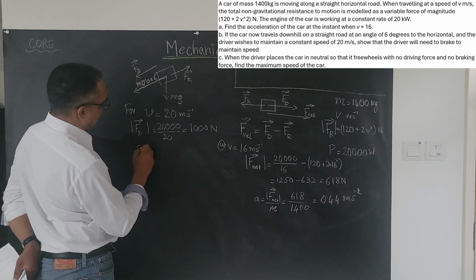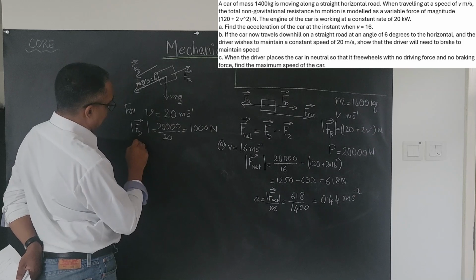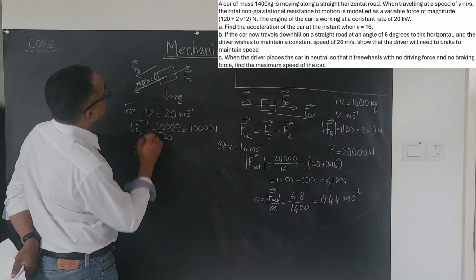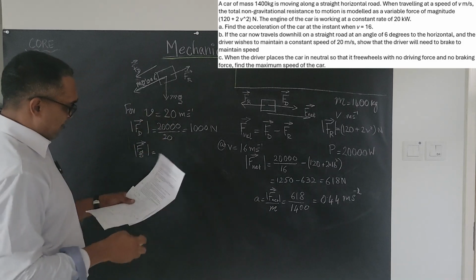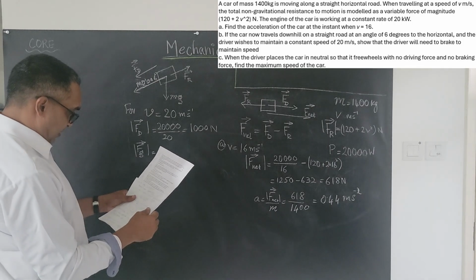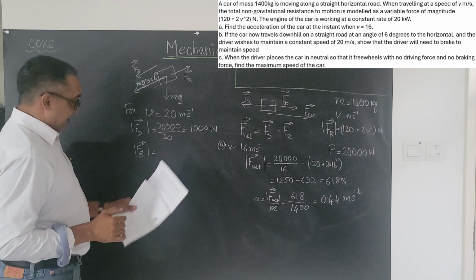Gravitational force, F of gravity, is equal to mg sine of 6 degrees. Wow, these things make me a little bit uncomfortable. What is the sine of 6 degrees? Okay, you get a calculator and work this out.